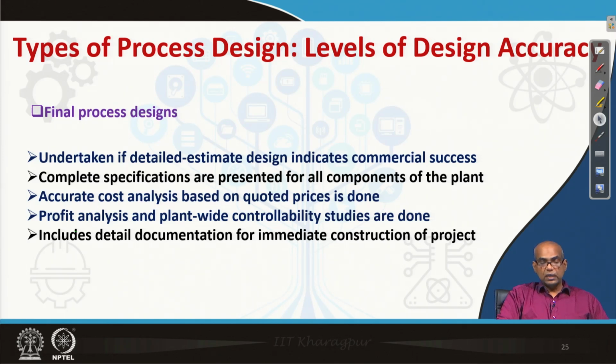It will include detailed documentation for immediate construction of the project. So, final process design will have all detailed information for the construction of the project. So, this contains the highest level of design accuracy.